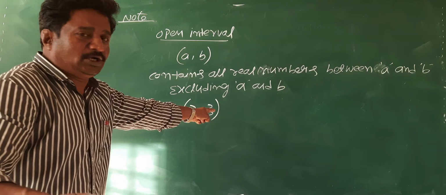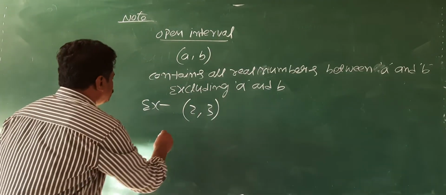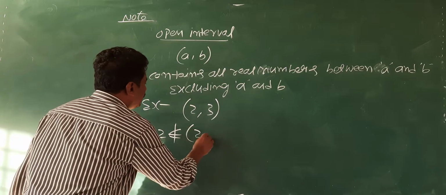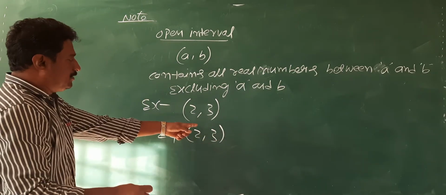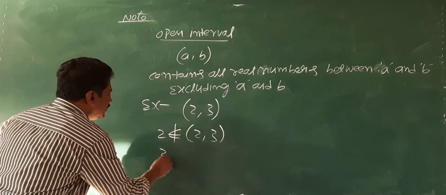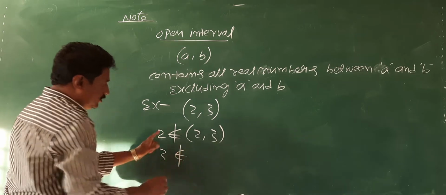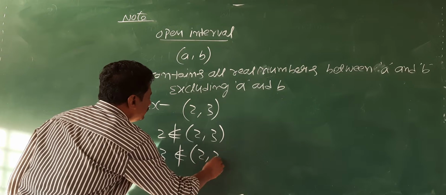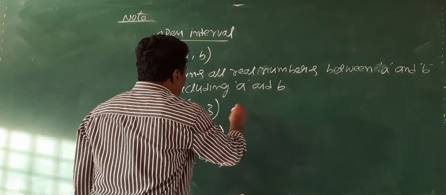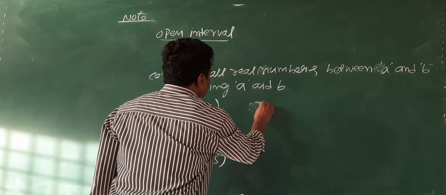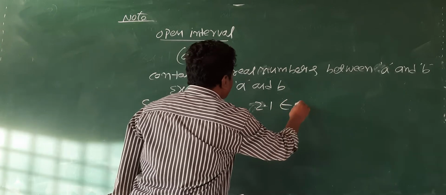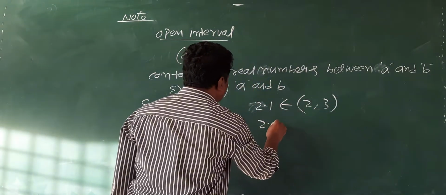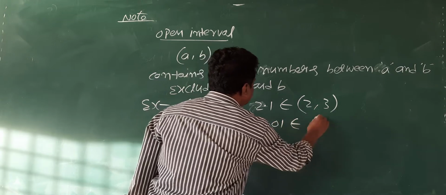So excluding 2 and 3. 2 is not a number of this open interval. 3 does not belong to this open interval. But 2.1 belongs to the open interval. 2.201 belongs to the open interval.